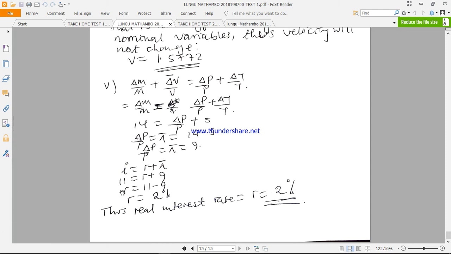Let's make the real rate of interest the subject. If we do that, we discover that if the money supply is growing at 14%, output is growing at 5%, and because of that inflation is at 9%, then we must expect the real rate of interest to be 2%. So the real rate of interest is 2%.